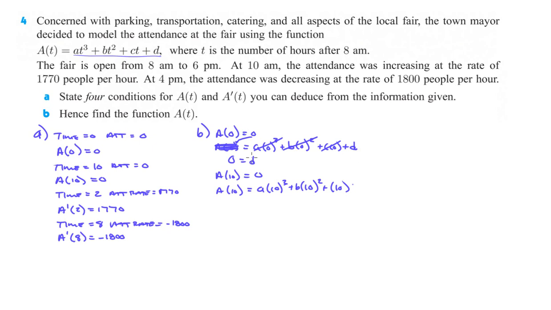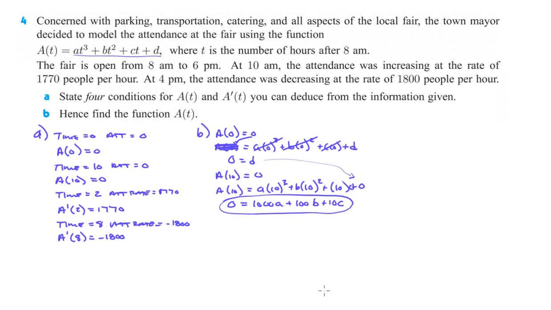So there, plus 0, since we now know that D is 0. So we can plug in that, and then we end up getting that 0 will have to equal 10 cubed, which is 1,000 A plus 100 B plus 10C, all has to equal 0. Okay, so there's an equation that we can use here in a bit.